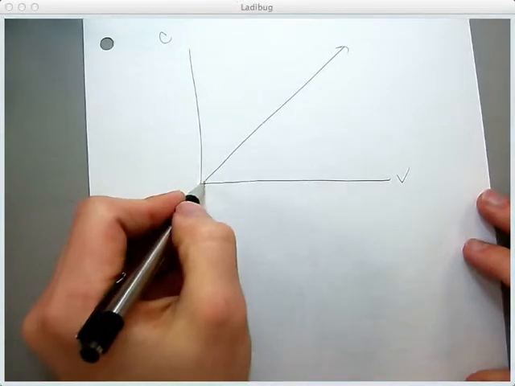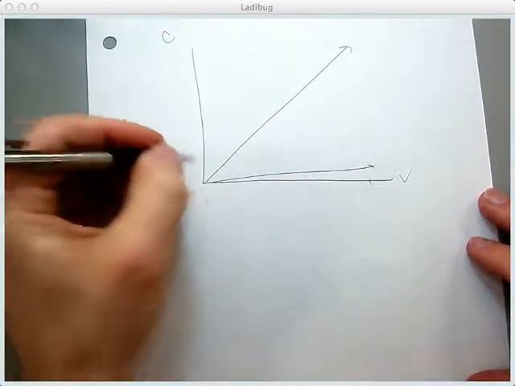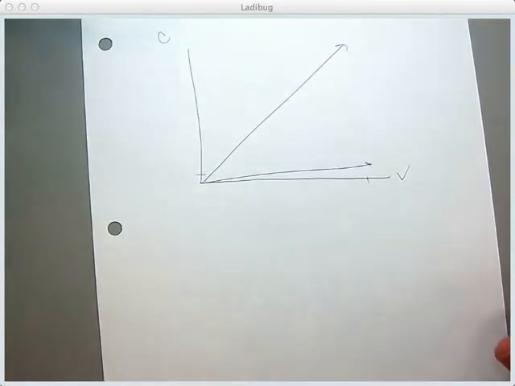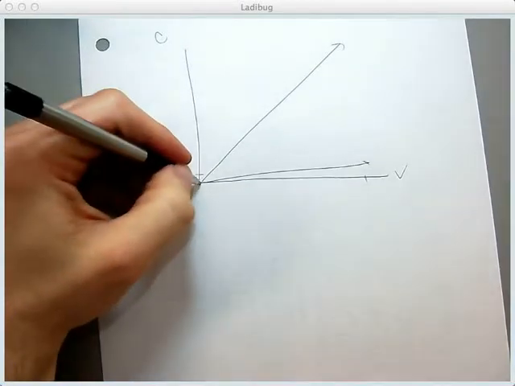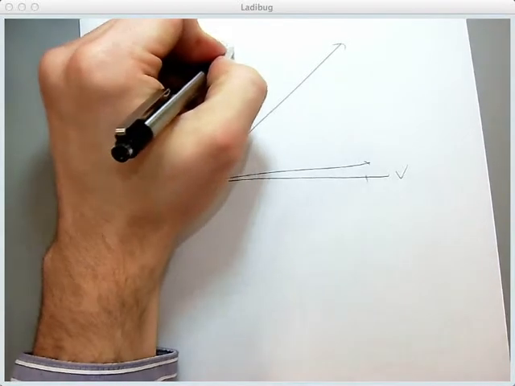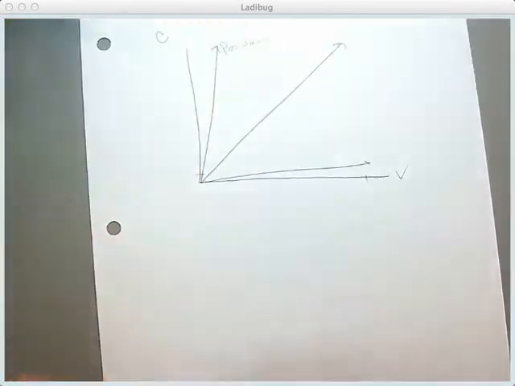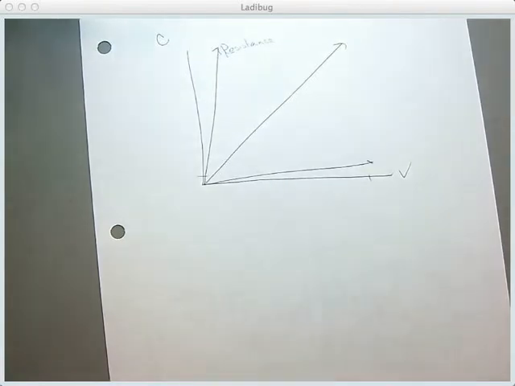So that's very high voltage, not so high current. It's always a linear relationship, but what the slope of that line is going to be is the resistance. We haven't talked about that yet, but that's what we're going to see there.